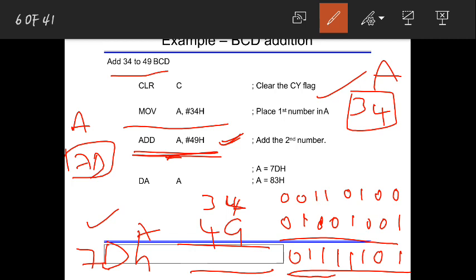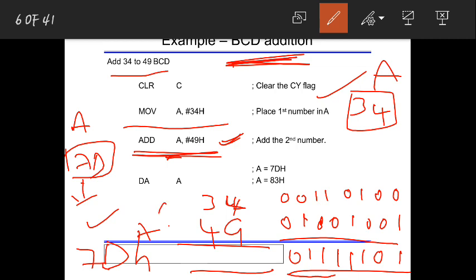But here the question was for BCD addition, so this result should be converted to BCD format. To convert this hexa to BCD format, we should always look at the result, and if in the lower bits or in the higher bits you have a value greater than 9, then if it is the lower bits, you need to add 06 to it.